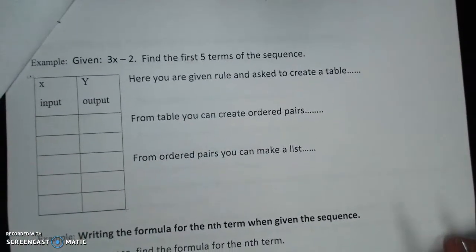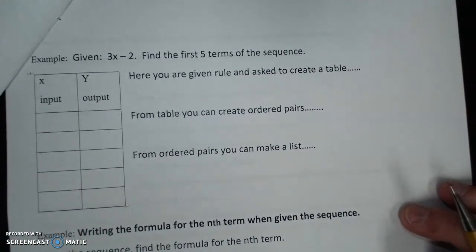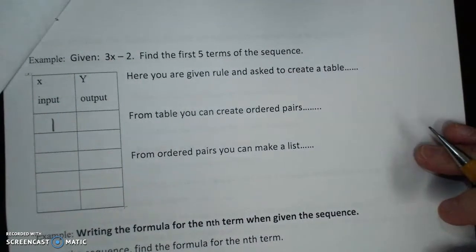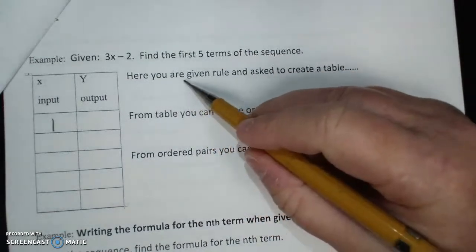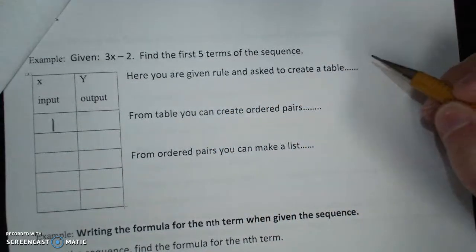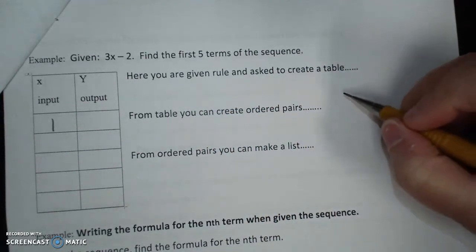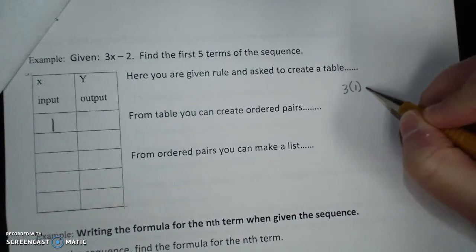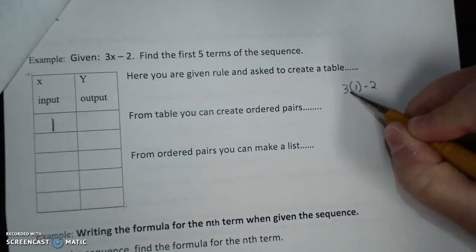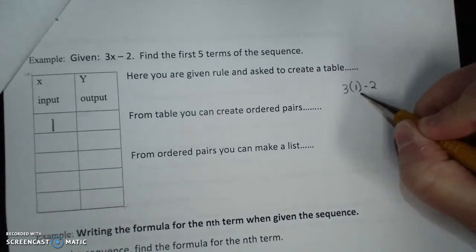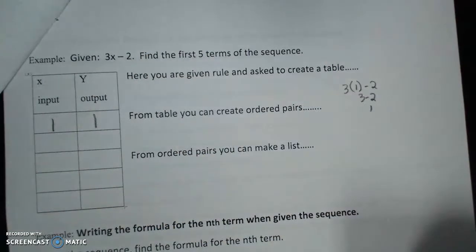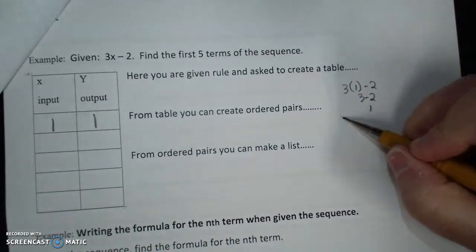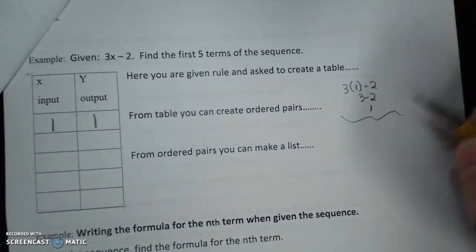Okay, on this one, we're given the rule and we're told to find the first term. Here you're given a rule and asked to create a table. So you're going to use some space over here and you're going to say, when I plug in a 1, I know 3 times 1 minus 2, which is 3 minus 2, which is 1. So if I input a 1, I output a 1.